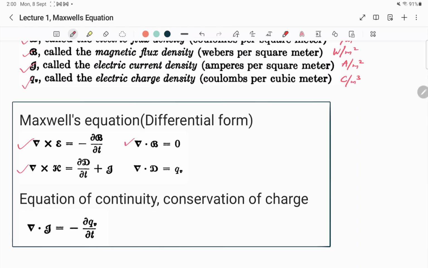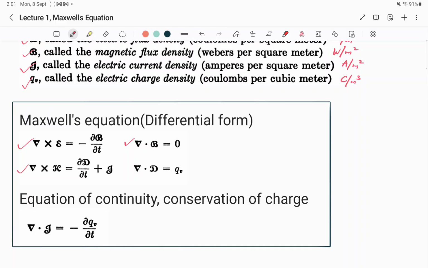This particular equation is also known as Gauss law for magnetostatic field. It tells us that the divergence of magnetic flux density B is equal to 0. That means the total magnetic flux passing through a closed surface is 0.